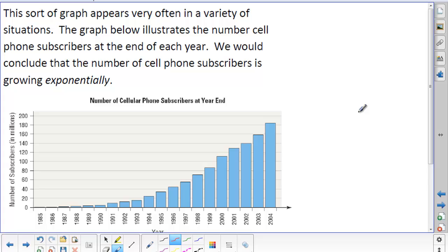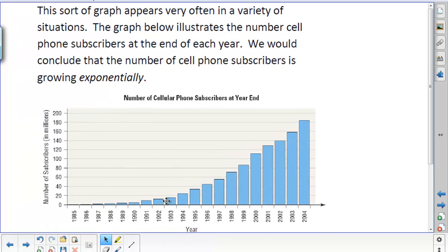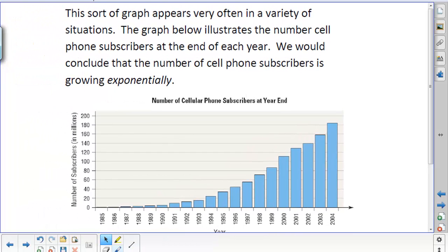And looking at this picture right here, again, that thought of exponential growth, you've probably heard that phrase a lot, and that's what this graph below is. Anytime you do a population growth, a lot of times it's exponential growth. And this chart is the number of cell phone subscribers at the end of each year. Starting in 1985 and increasing to 2004, you notice it's got that same sort of picture.